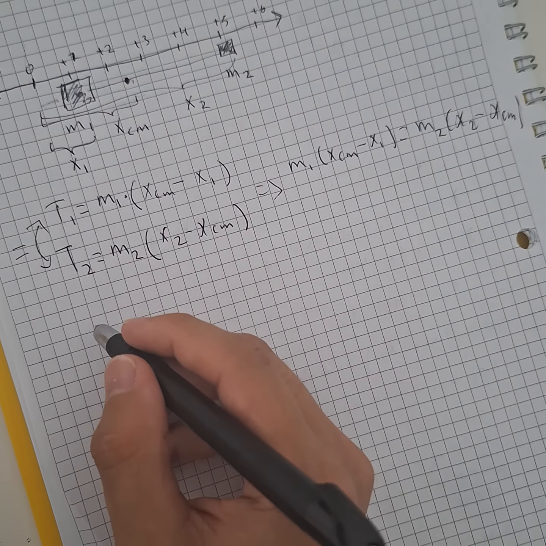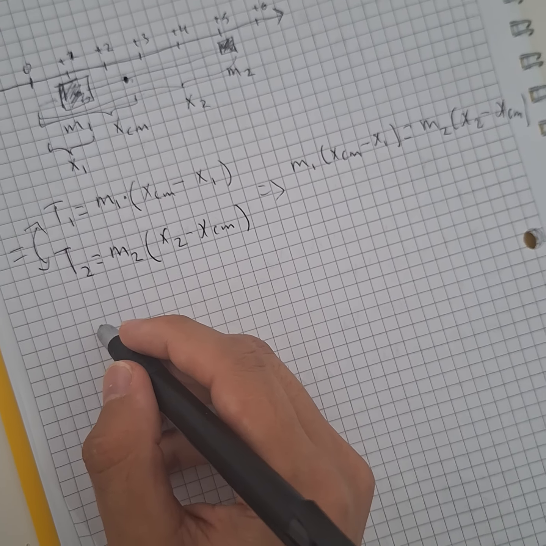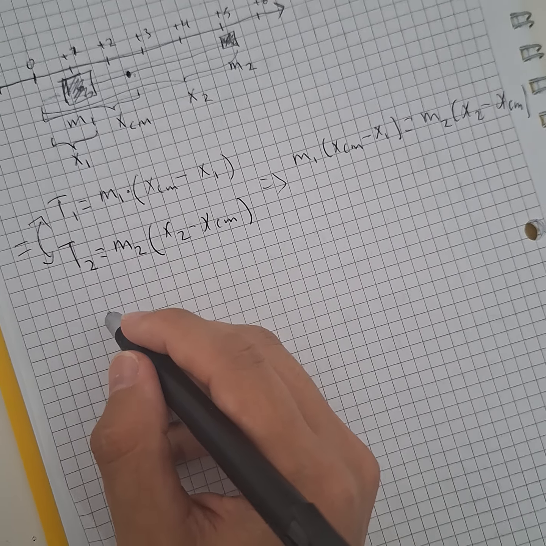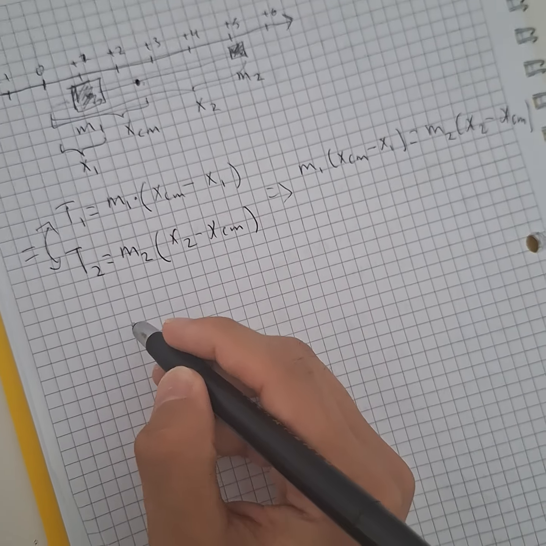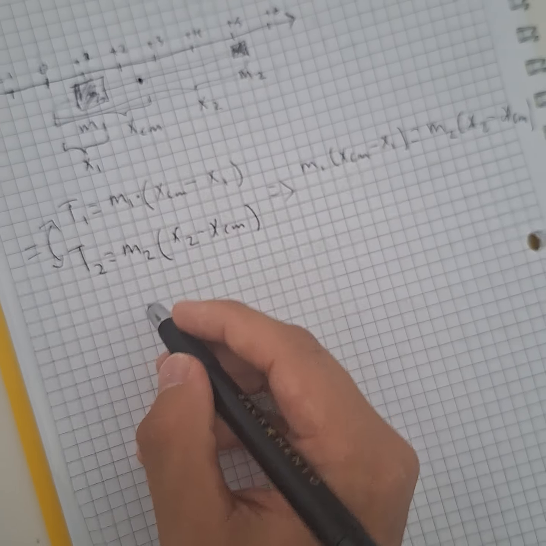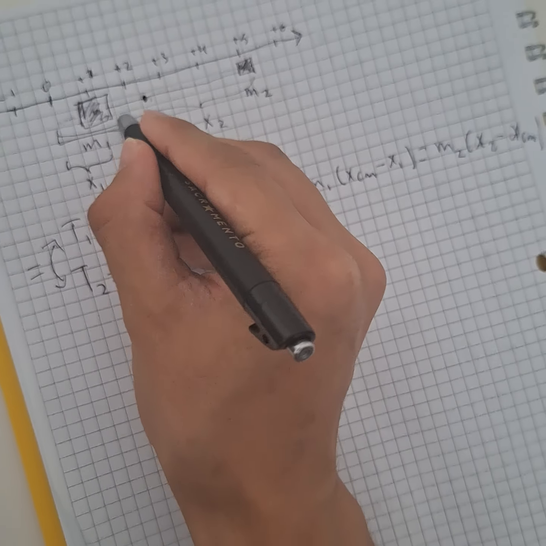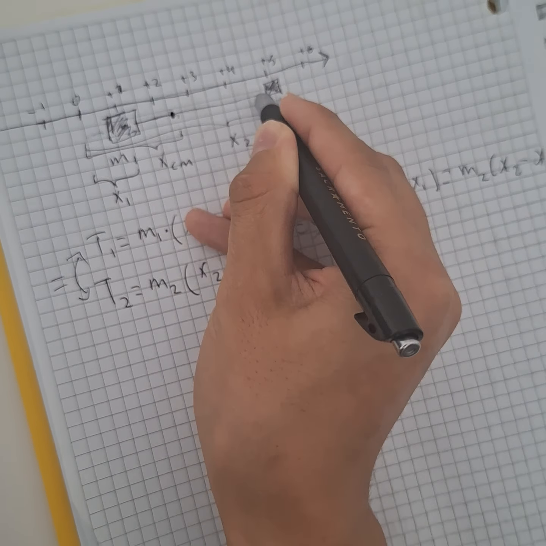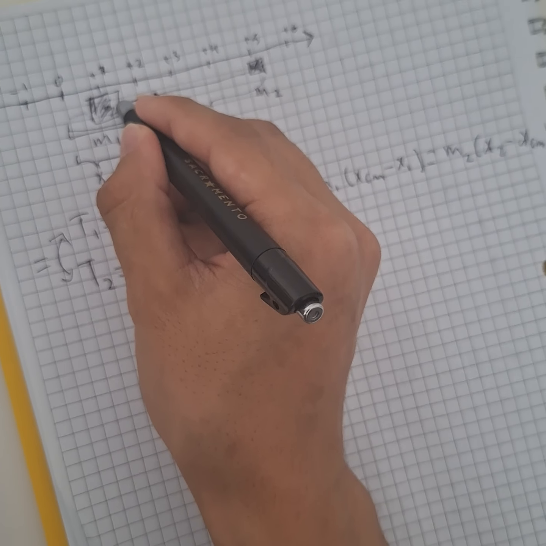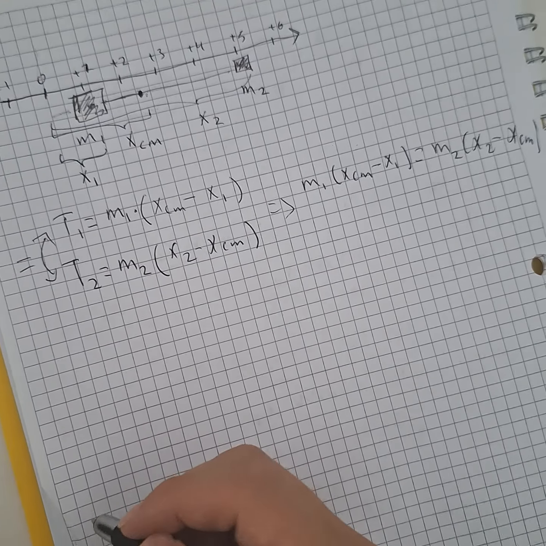And the second equation that we use is the equation that shows the distance between these two masses.